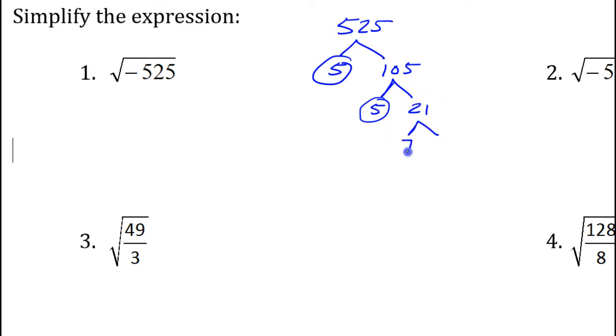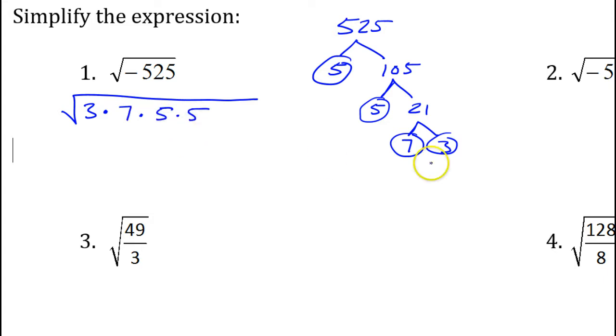We know that this will be 7 times 3, and these are all primes. Okay, so the prime factorization of 525 is, and I'm just going to write it in order, so this is going to be 3 times 7 times 5 times 5. Okay, that is the prime factorization.